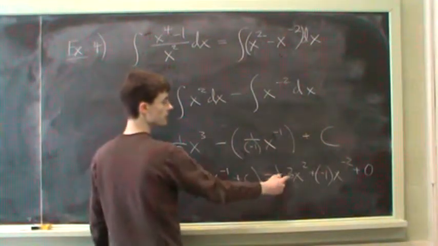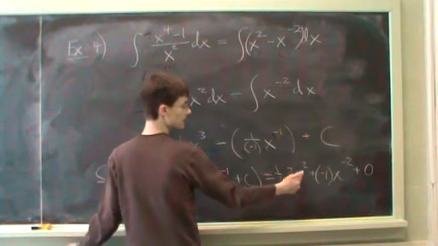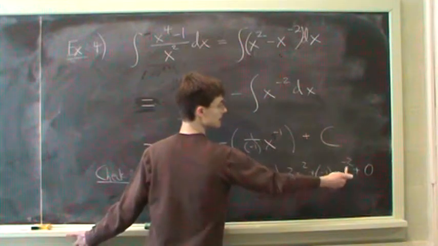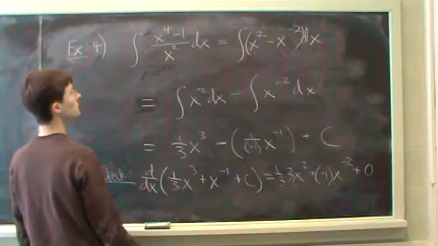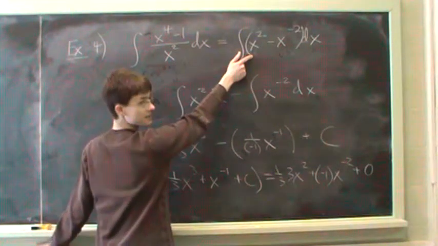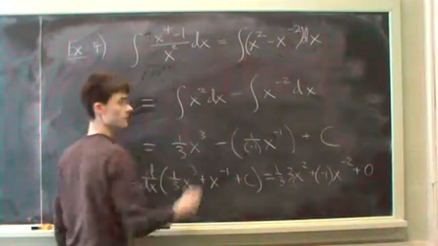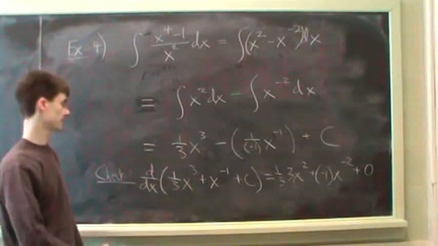And 1/3 and 3 cancel, so that we end up getting just x squared minus x to the negative 2 plus 0, which is just x squared minus x to the negative 2nd. So that's exactly what we started with. So we've done the problem correctly.